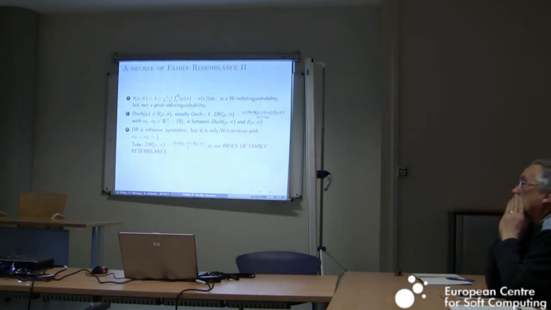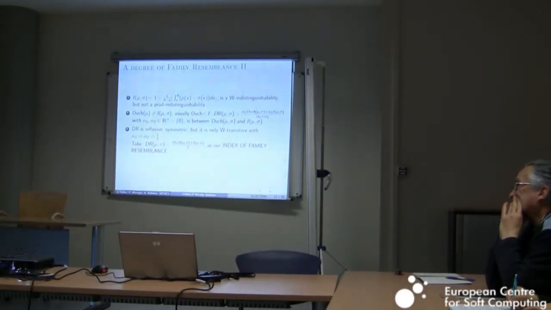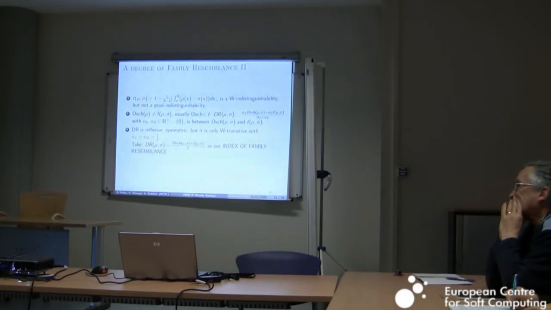I was trying this for a lot of time, looking for which property a function should verify so that I can call it a family resemblance degree. I was never able to find this property. My point is, if you take that integral, it means we forget the structure of your family of functions. It has a structure of co-monotonicity.